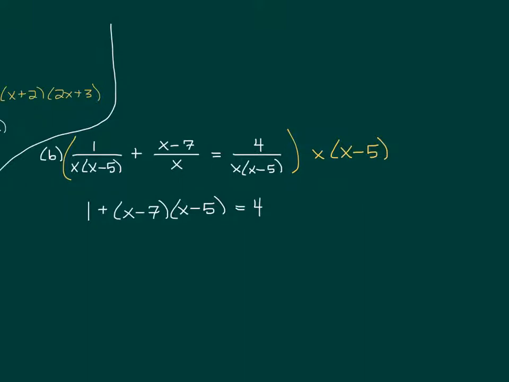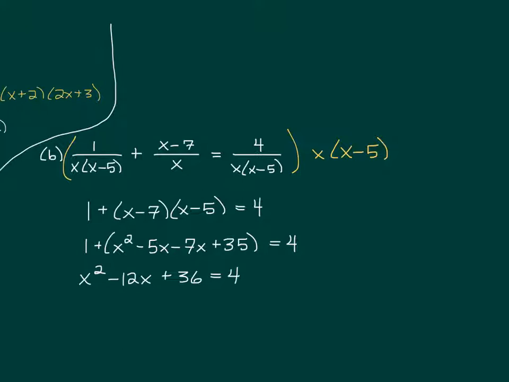So now, we have 1 plus, we have to FOIL these, x squared minus 5x minus 7x plus 35 is 4, which gives me x squared minus 12x plus 36 is 4.